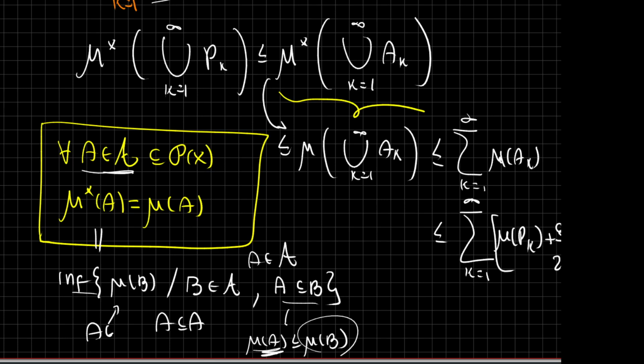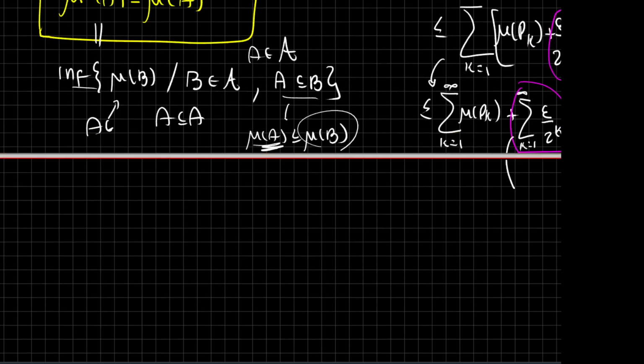All right, so we can divide this series, one for mu star of P_k and one for this here, because this series here is a convergent series. Let me add some space here. This series converges and its value is just epsilon.